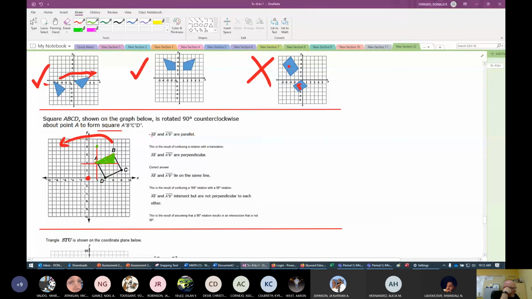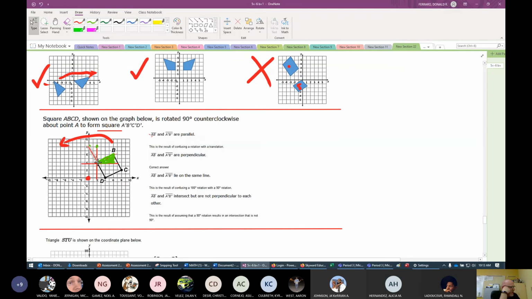I go from 4 to 6, so I'm up 2. So now I'm left 2. So 1, 2, right? And now I've got a new triangle. I want to change it to red, and I want to go from this point down to my origin.